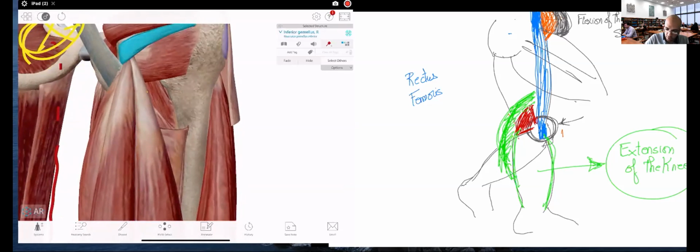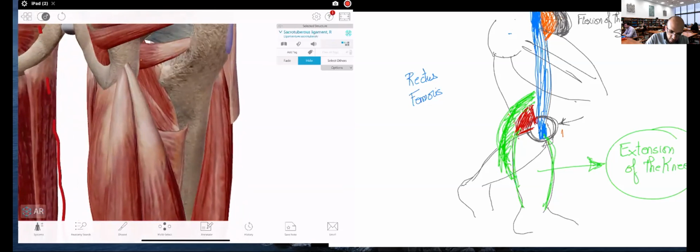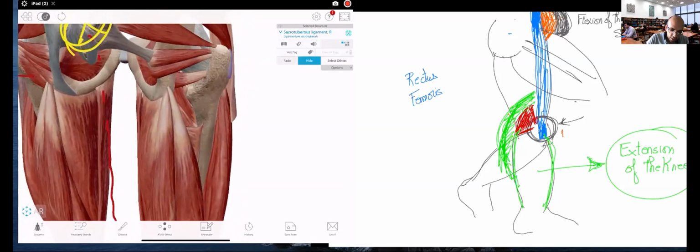So let me remove here. What part of the hip bone is this? Can you remind me?